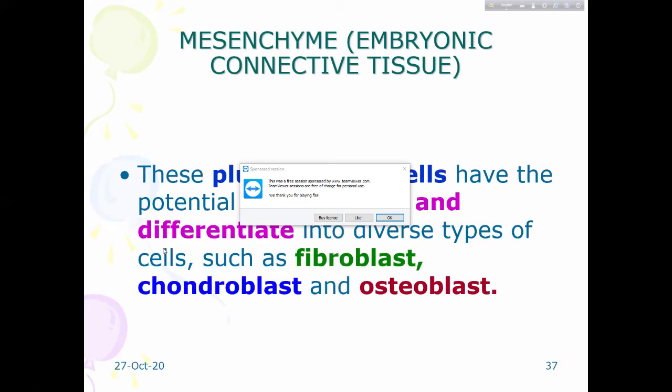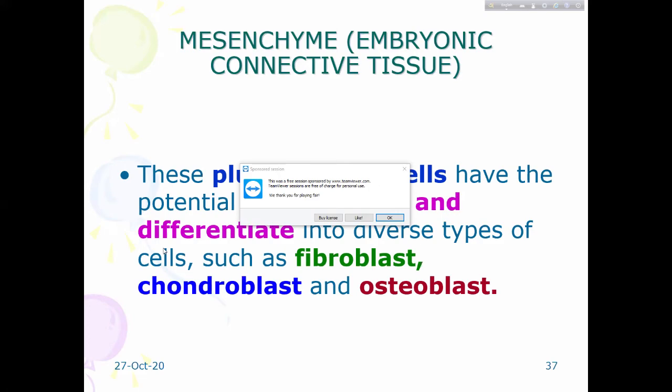And the mesenchymal cells are pluripotential cells. If you remember, pluripotential cells means partially differentiated cells, not fully differentiated cells, like erythroblast. From erythroblast, erythrocyte will come.